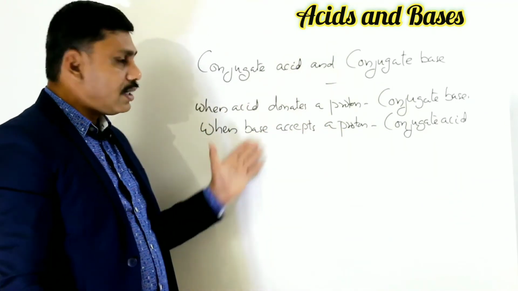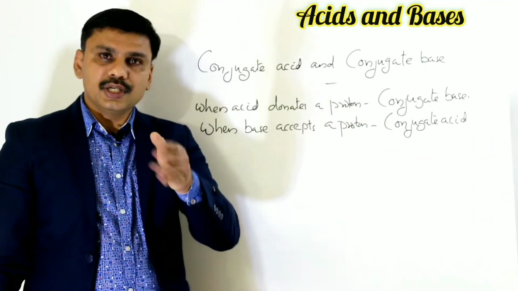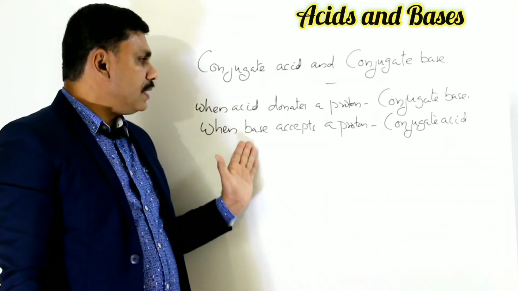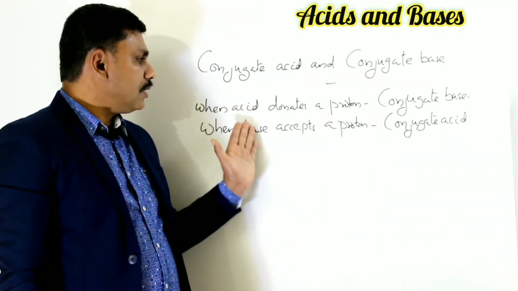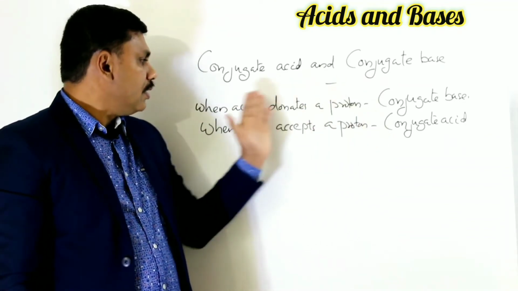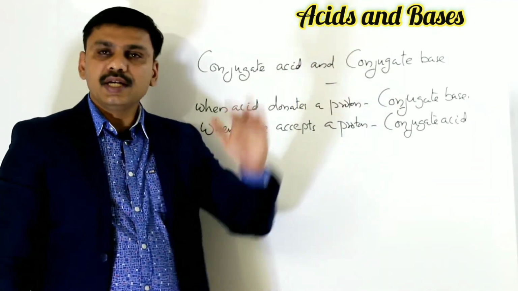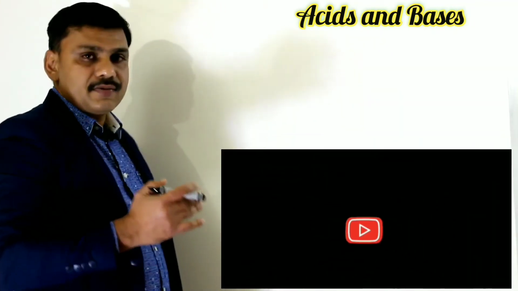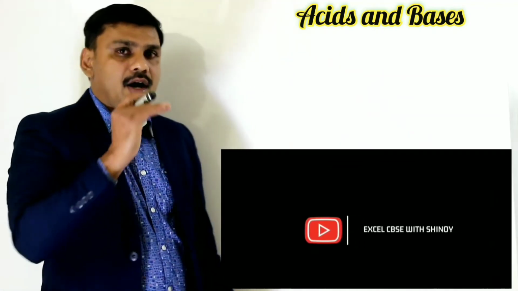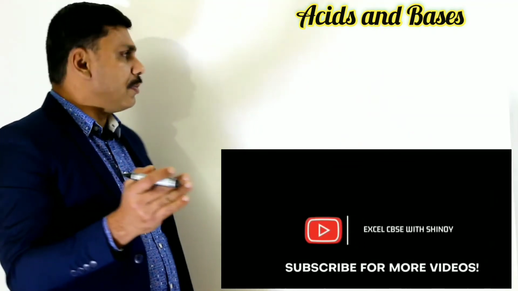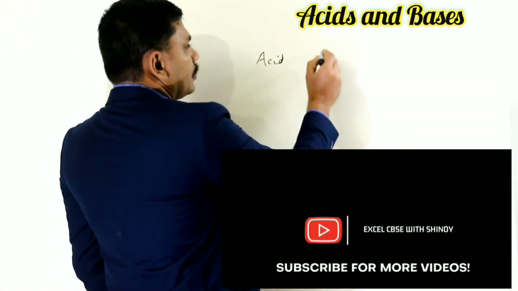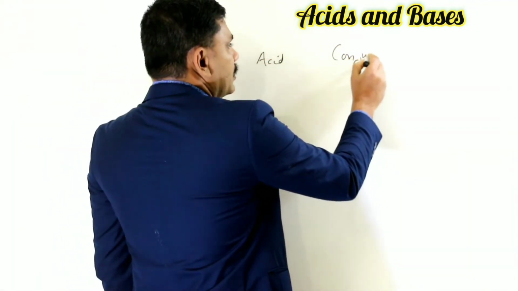From an acid and base, conjugate acid and conjugate base form. From a base you will get conjugate acid. From acid you will get conjugate base. Then we can discuss how a conjugate base forms from an acid.